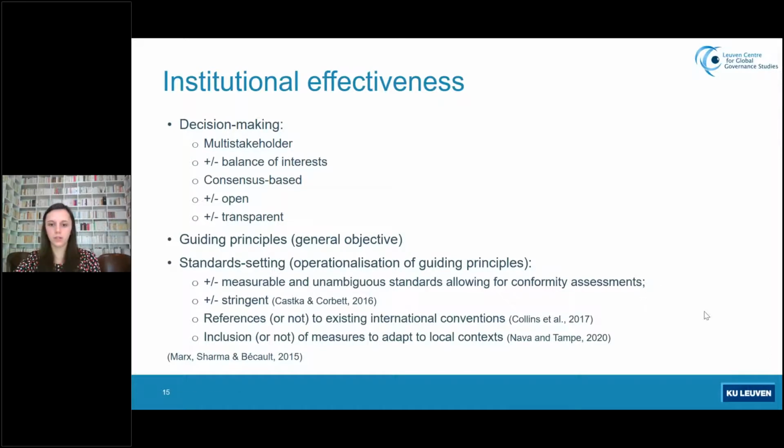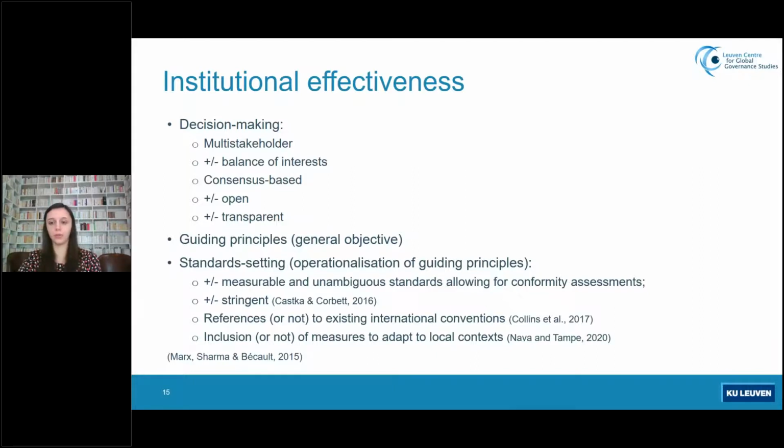Okay, so VSS agencies can also develop standards in a way that they can be adapted to local standards. And Nava and Tempe worked on that in a paper, and they show that VSS often face a barrier because there is a lack of fit between the standards that they develop and the local context, environmental, social, economic, or also cultural context.